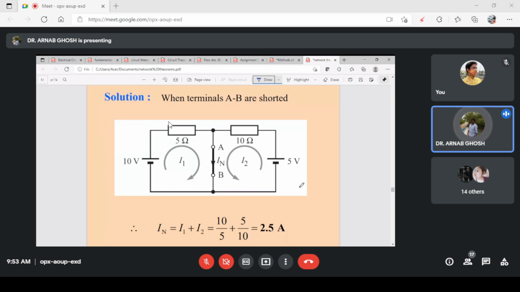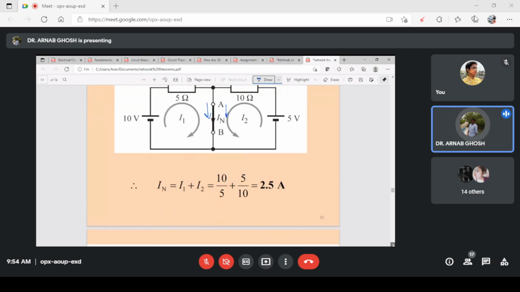Now both I1 and I2 will be flowing between terminals A and B in the same direction. You see, I1 is flowing in this direction. Similarly, I2 is also flowing in this direction. So what will be the short circuit current when you have short circuited the load resistance part?